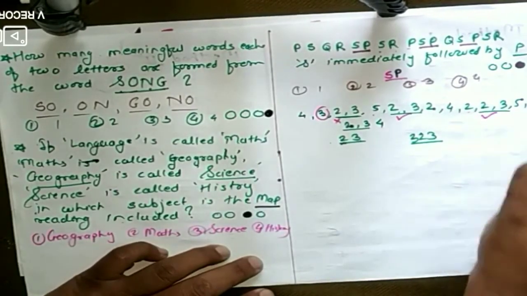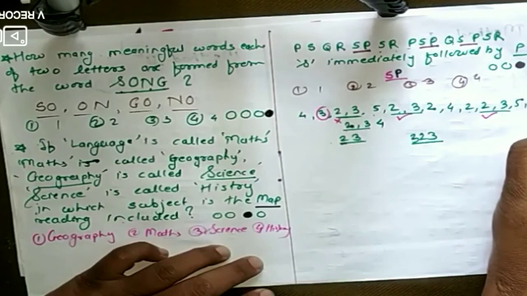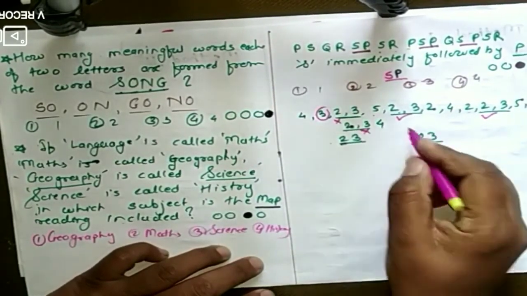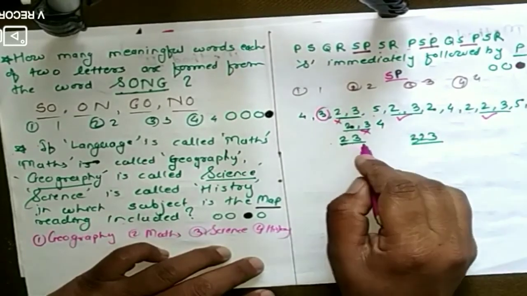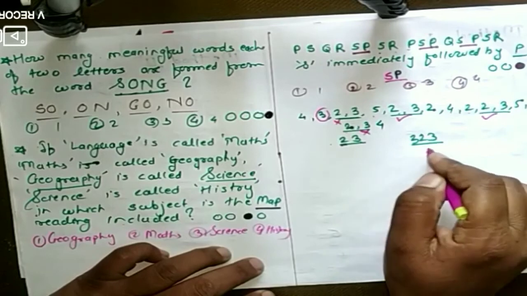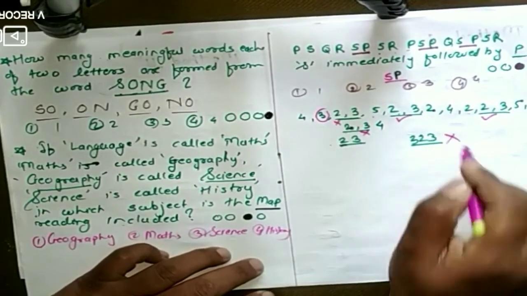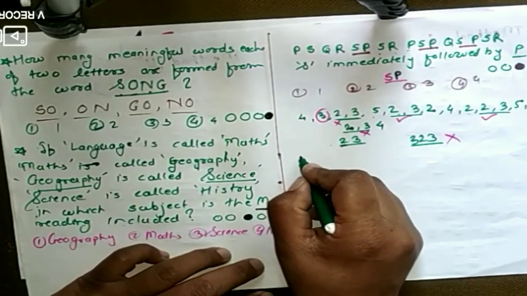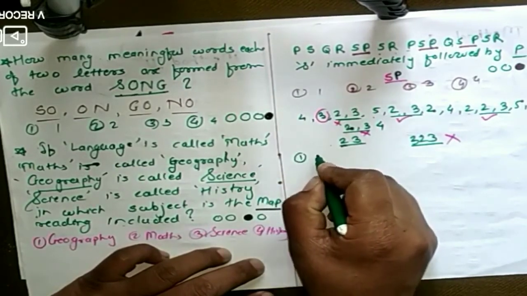So we have to find 23, but if 3 is on its backside we have to cancel it. If 5 is on its backside, we take it. If 2 is behind, we take it. Now here is also 23, but on its backside 3 is there, so we have to cancel it. So how many times 23? 2 followed by 3, but 3 does not follow 3. They may give options such as thrice, twice.